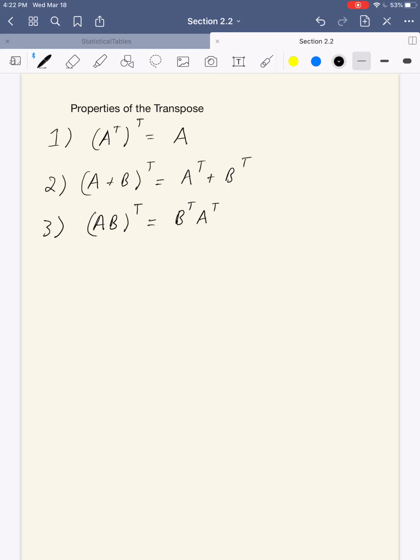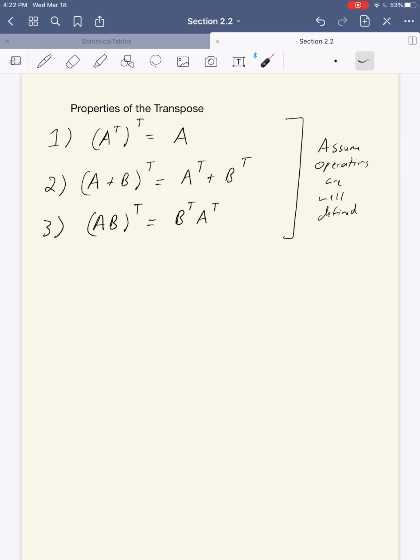Now again, on all of these, we're assuming that the operations are well defined. So in other words, A and B have to be the same size for the sum, and for the product the number of columns of A has to match the number of rows of B so that the multiplication makes sense.